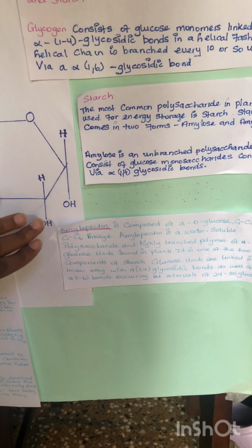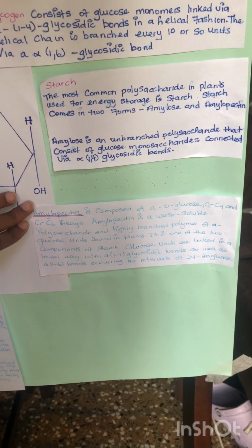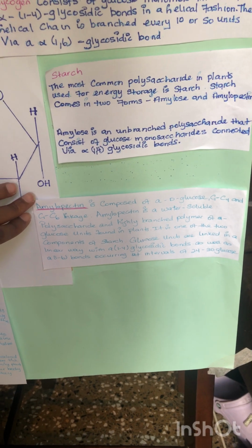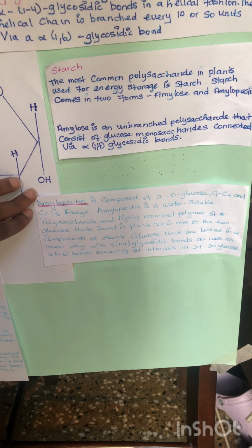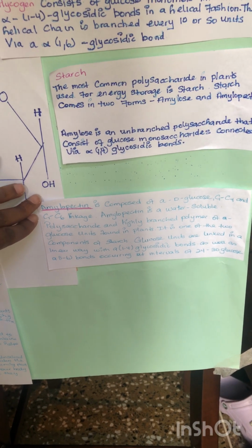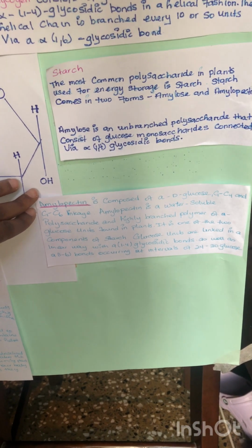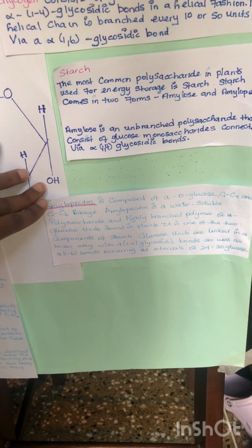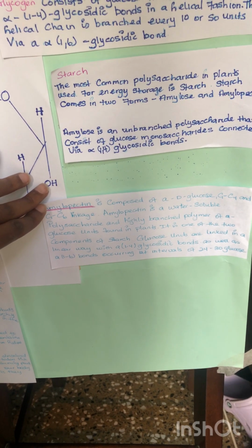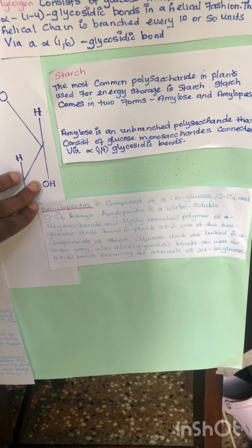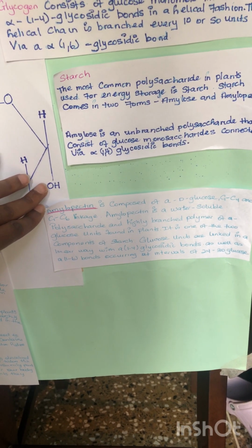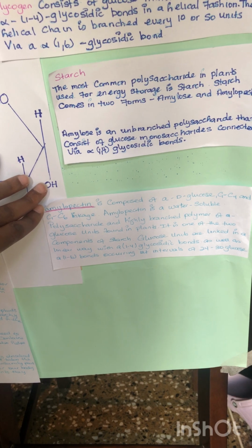Amylopectin is composed of alpha D-glucose with C1 to C4 and C1 to C6 linkages. Amylopectin is a water-soluble polysaccharide and highly branched polymer of alpha glucose units found in plants.